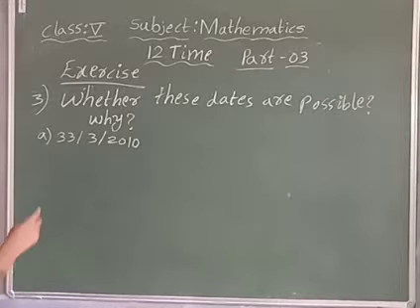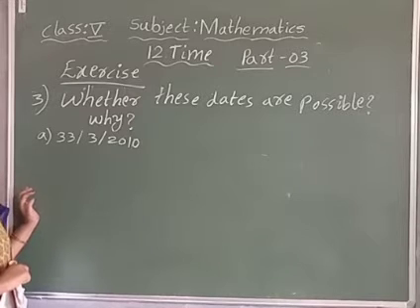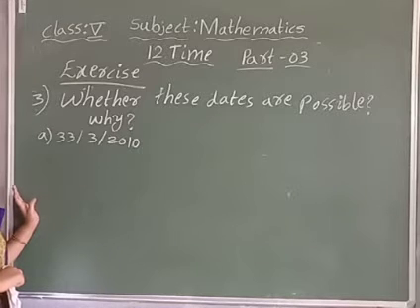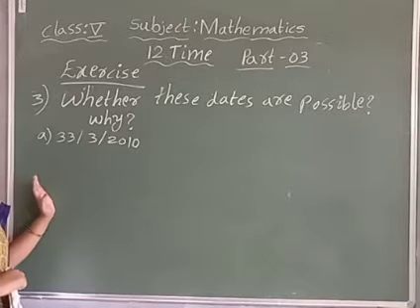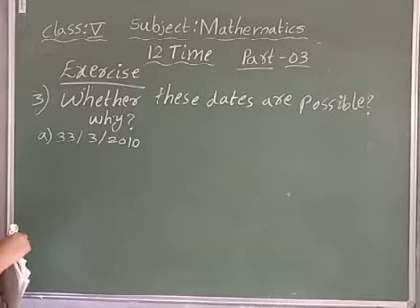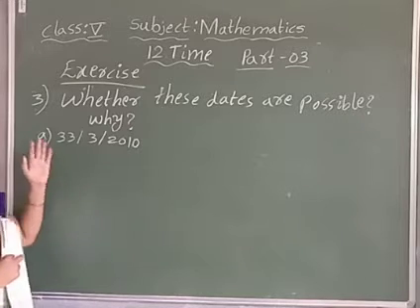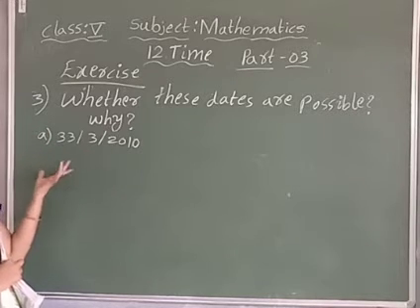See here, how many days are there in a month? 30 days and 31 days. In February month, 28 days, and in a leap year only, 29 days. But not 33 days. Yes or no? So whether these dates are possible, why?